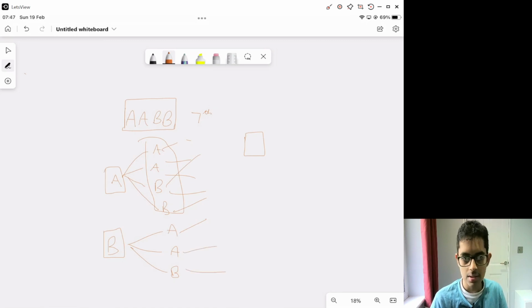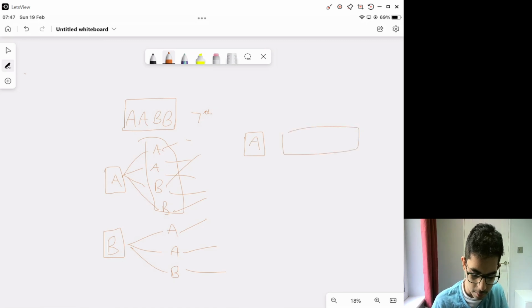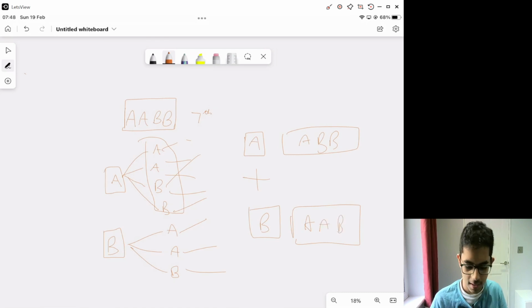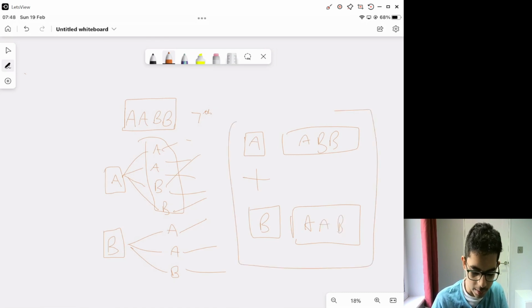That's the recurrence relationship we have: the number of permutations for A, B, B is the number of permutations when we have A as the first character, and then B, B, added to the number of permutations when we have B as the first character, and then A, B is the next 3. And that total becomes the number of permutations for our larger one.